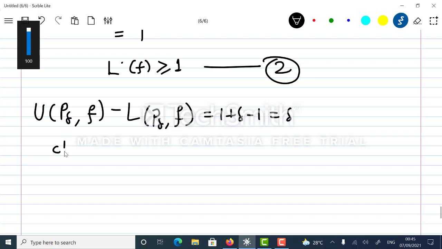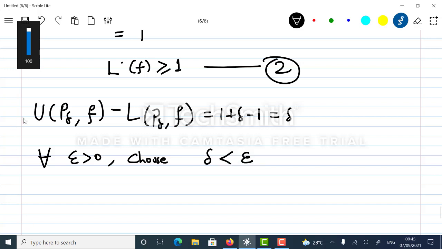So what I will say now: we can choose delta depending on epsilon. For every epsilon greater than 0, choose delta less than epsilon.